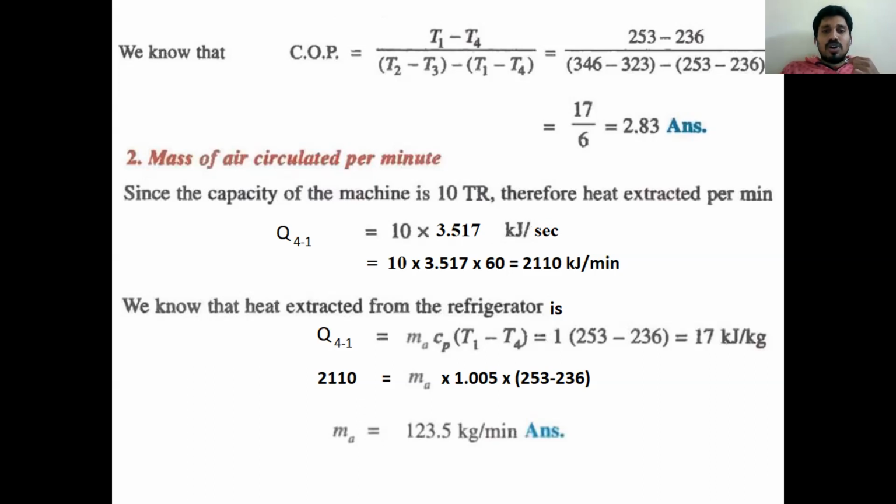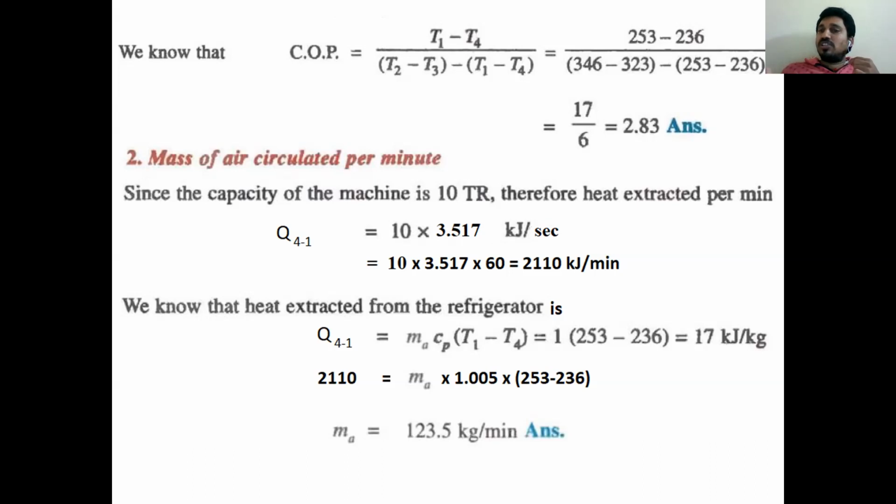See all of you, Q41 is equal to m_a Cp T1 minus T4 only. Other quantities you have to neglect. That is the equation. I have substituted 2110 for Q41. In the previous step, I converted Q41 value into kilojoules per minute, which is 2110.